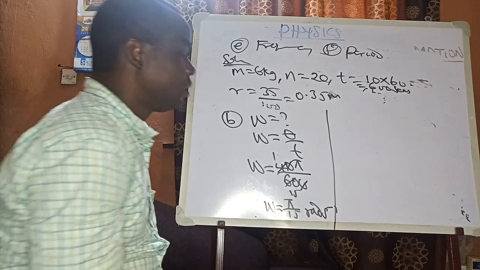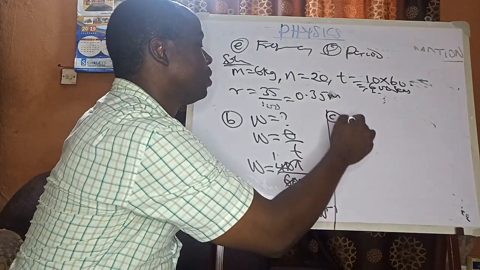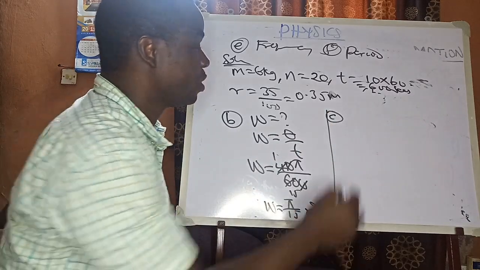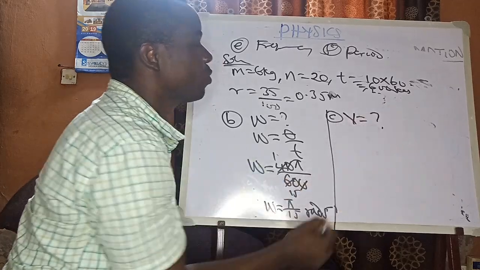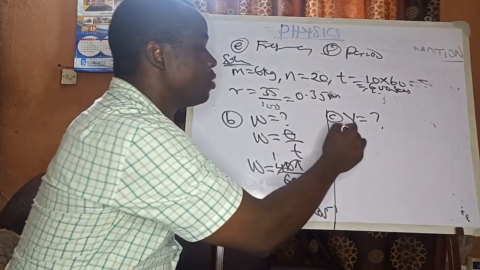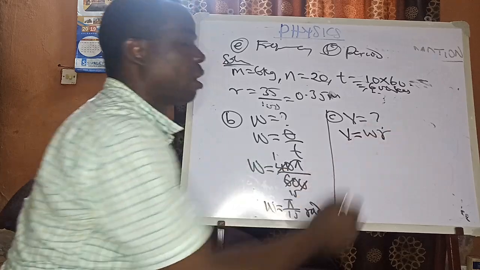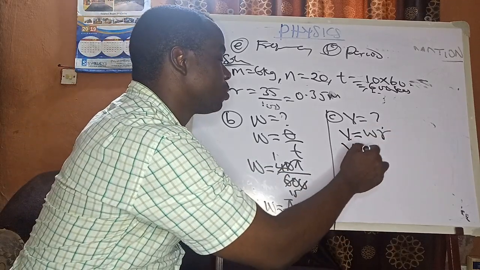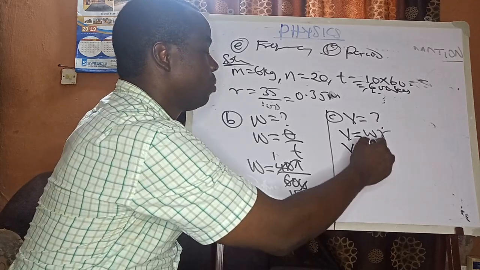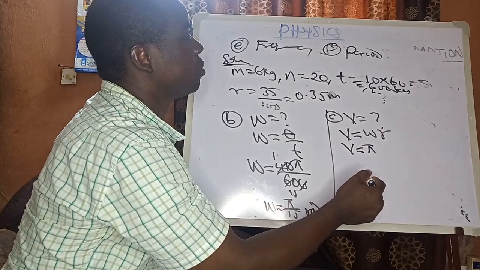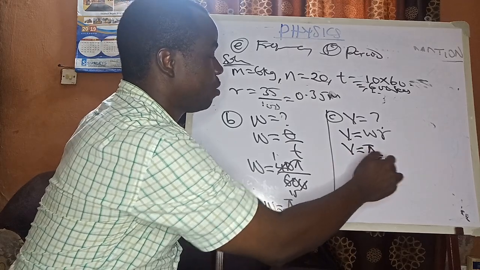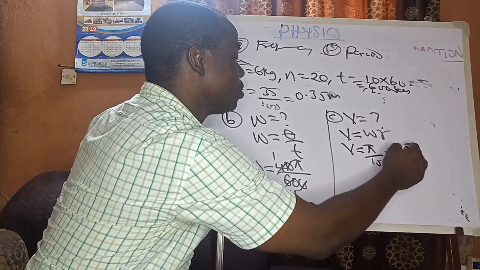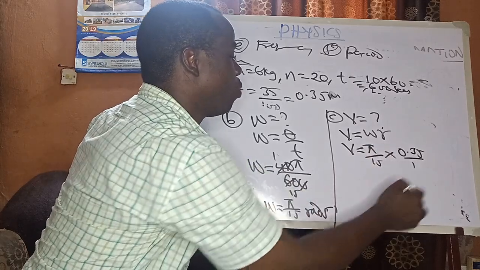Is it clear? Then the next one is linear velocity. Linear velocity, that's question C, is V. So the formula that has V, you can use V is equal to W R. I gave it to you, one of the formulas. Check. So V will now be what? W is pi over 15 multiplied by R, which is 0.35 over 1.